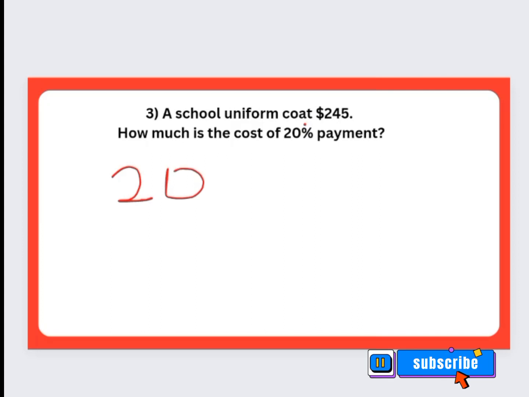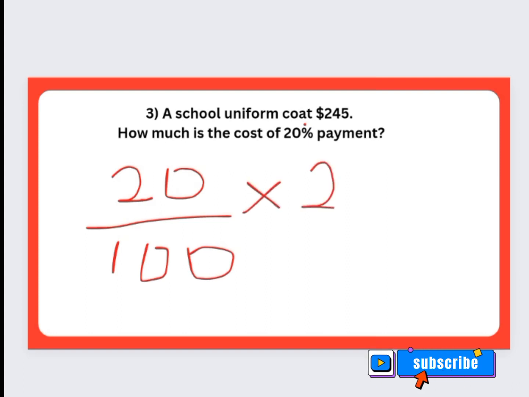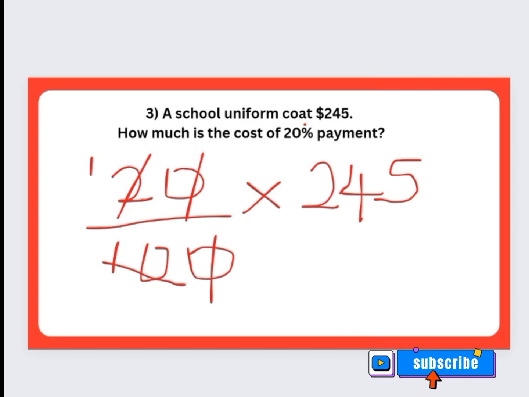So we're going to get 20% of 245. So 20%, 20 over 100 of, that's times 245. Remember, it's a school uniform costs $245, right? So we can cross out our zeros against each other, and we can also reduce from this end. 2 divided by 2 is 1, and 2 divided by 10 is 5.